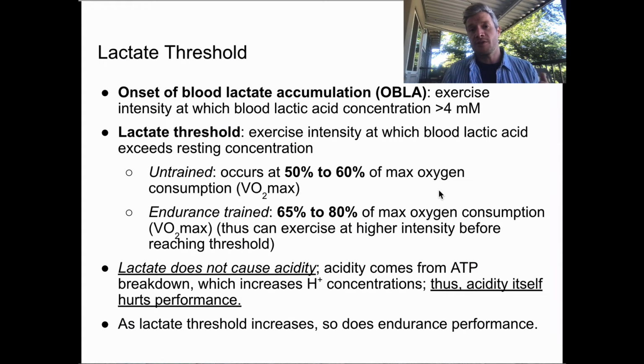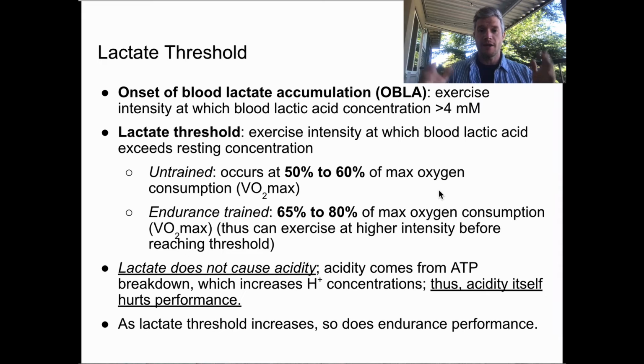In endurance-trained individuals, that moves up to somewhere between 65 and, for lesser trained endurance athletes or hobbyists, let's say, up to 80% of their maximum workload under this threshold.